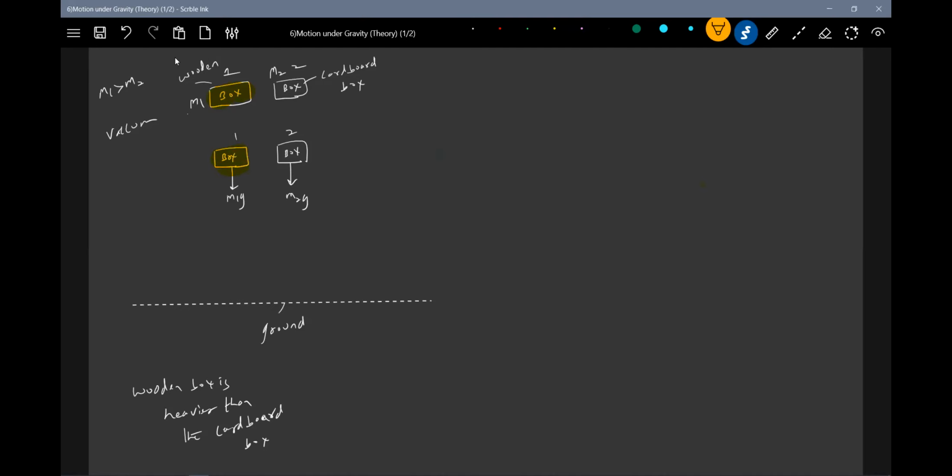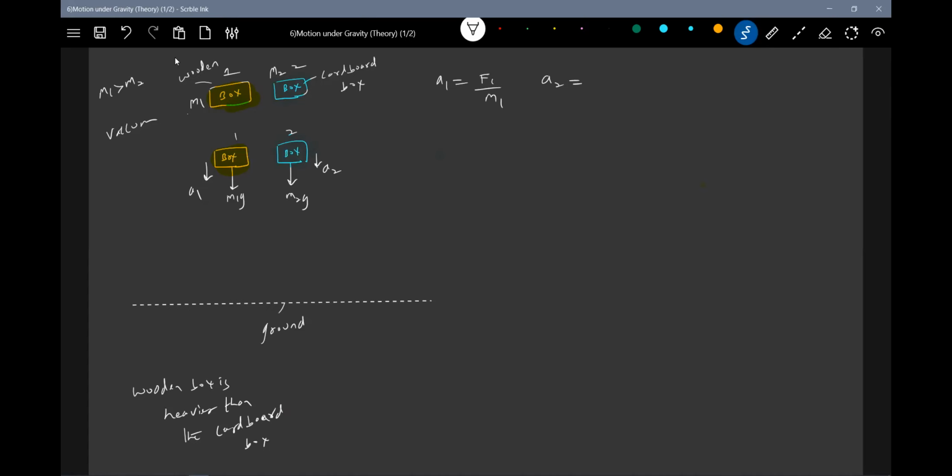Now make an observation of this. What is the acceleration of this? Let it be a1, and the acceleration of this be a2. According to Newton's law, the acceleration a1 should be equal to the force acting divided by its mass.